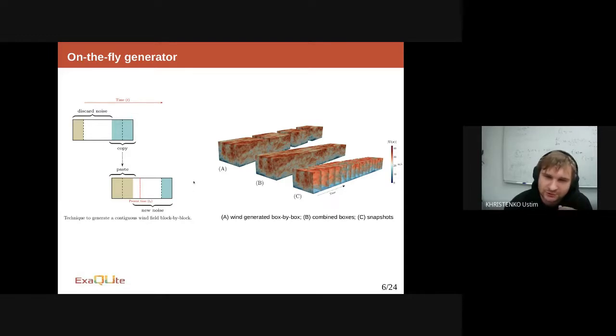On the right, you can see several blocks generated separately, and in sample B, the same blocks put together. And then we take different snapshots and use them as inlet boundary condition.